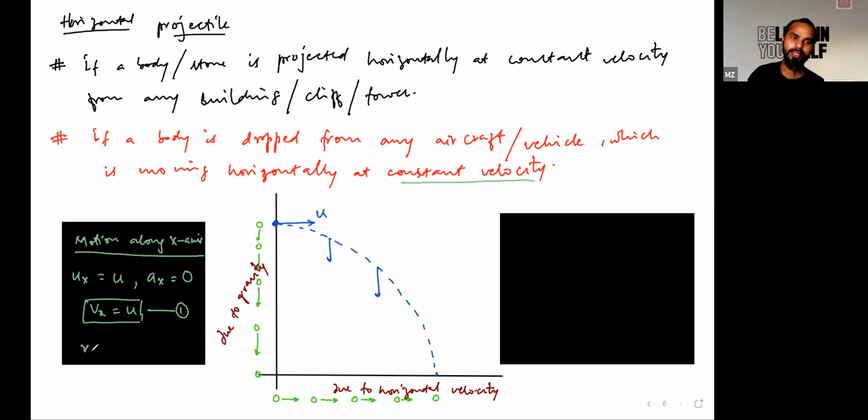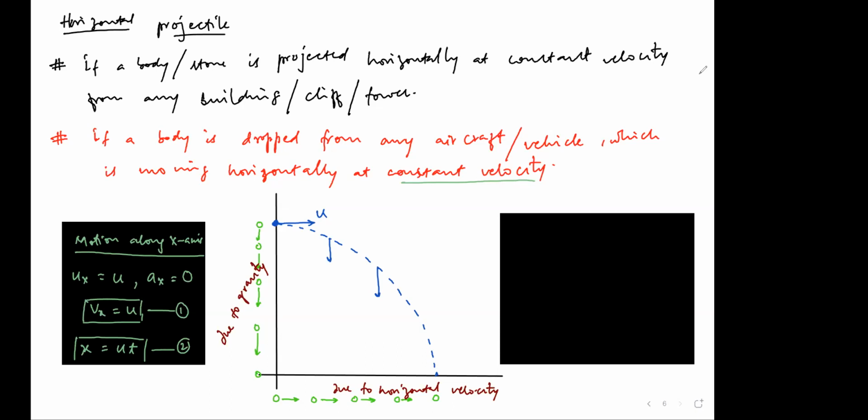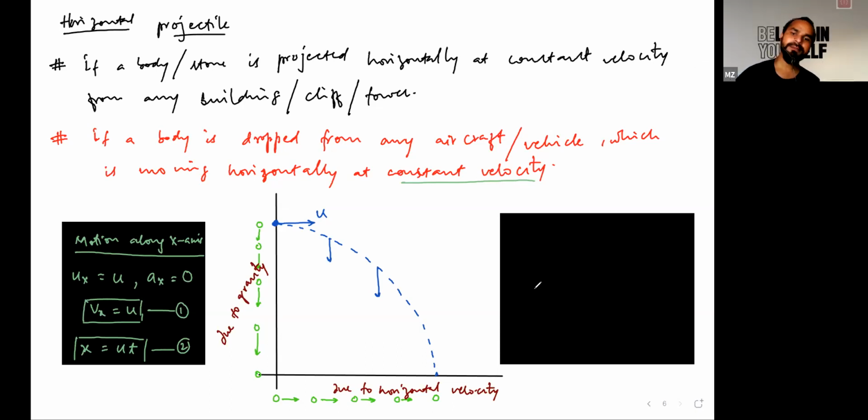And displacement along the x-axis would be just u times t, as acceleration along the x-axis is 0. So this will be your second equation. Is it clear to everyone how I have obtained this? Yes, sir.